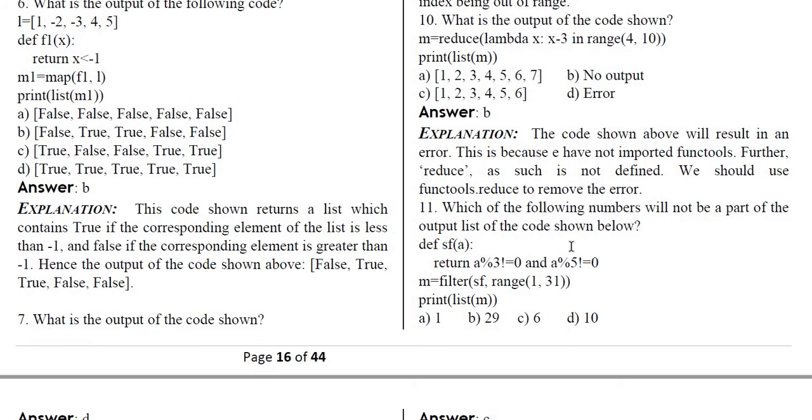Next, look at the next question. Again the reduce function is used here, and you know why we use the reduce function: to reduce the elements and show you one single value. Here m equals reduce lambda x minus 3 in range 4 to 10.